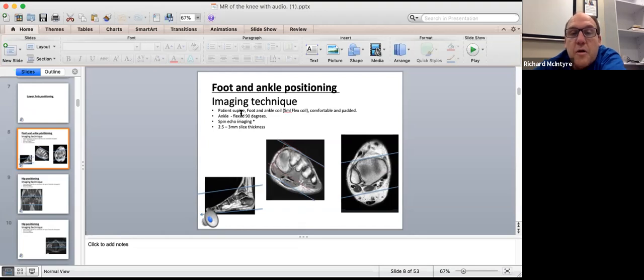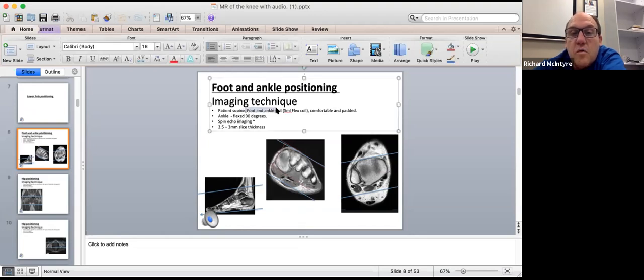So patient supine, we use a foot and ankle coil or a small flex coil. You would have seen the difference in those in clinical, hopefully, in the first semester. The foot and ankle coil is a lot more stable, and you get a lot better imaging with it. The flex coil is good enough if you can hold your patient still.